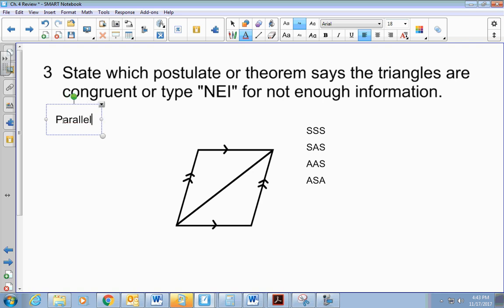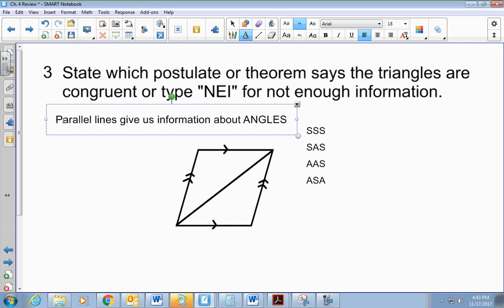we learned that parallel lines give us information about angles. Okay, so when you get lines being parallel, we get information about angles. So that's our interior angles are congruent, same side interior angles are supplementary, alternate exterior angles are congruent.